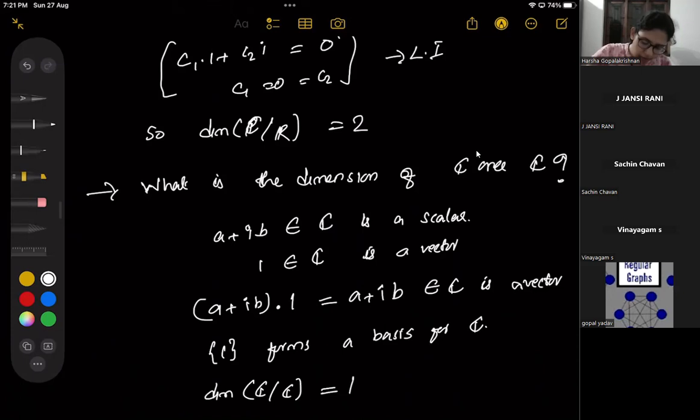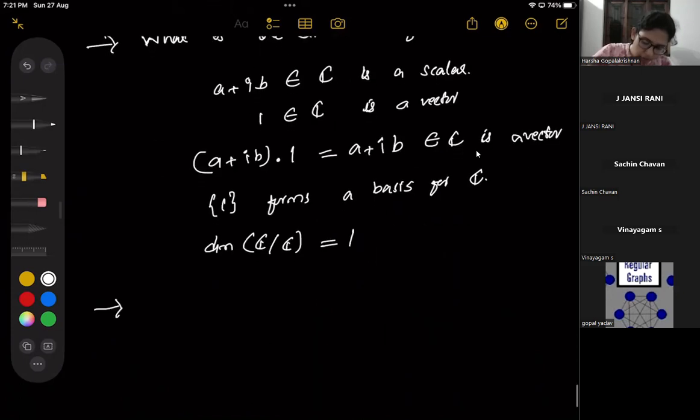Now, what is the dimension of R over R? The vector space R over the field R. You can just think the same logic, what we have done for C. One, ma'am.